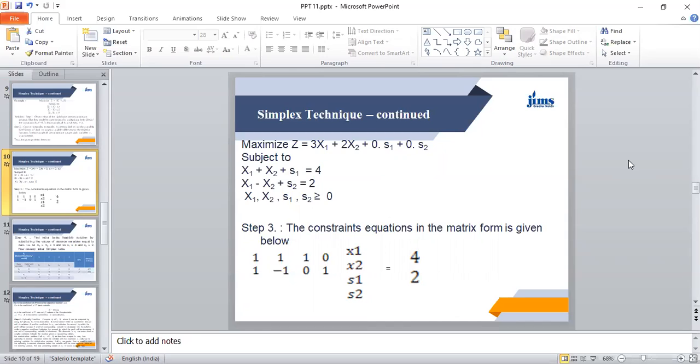So the objective function is maximize z = 3x1 + 2x2 + 0s1 + 0s2, subject to x1 + x2 + s1 = 4, x1 - x2 + s2 = 2, and x1, x2, s1, s2 all greater than or equal to 0.